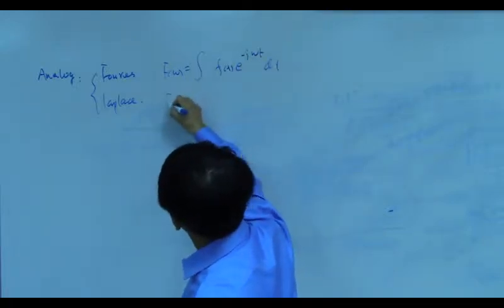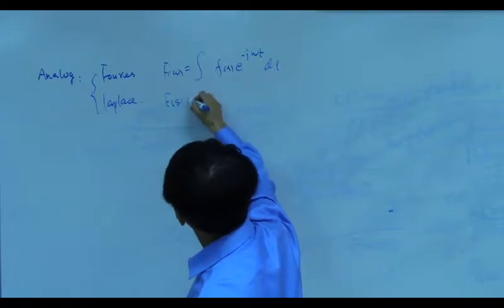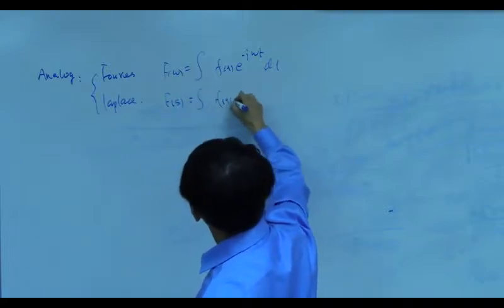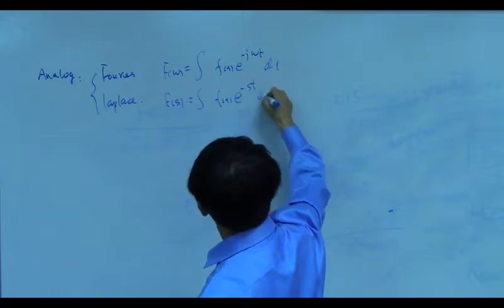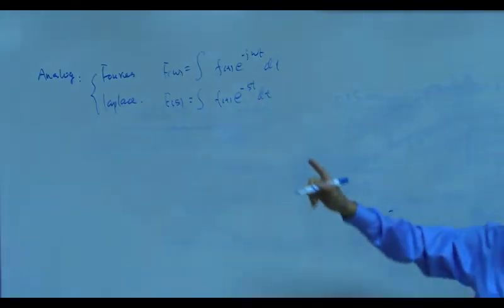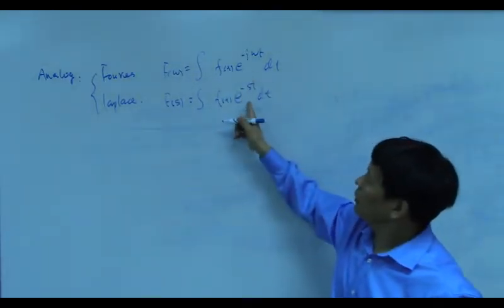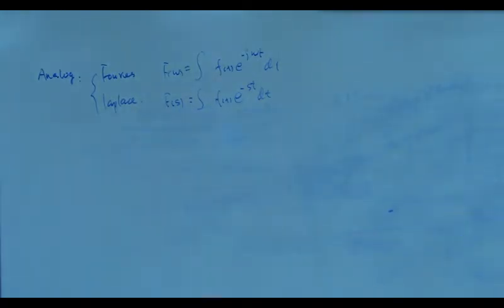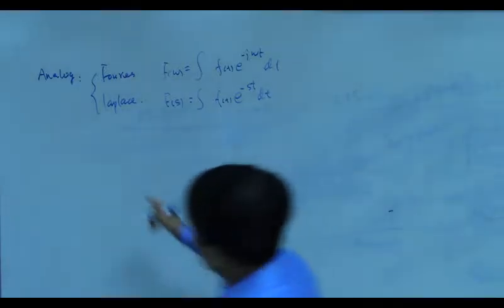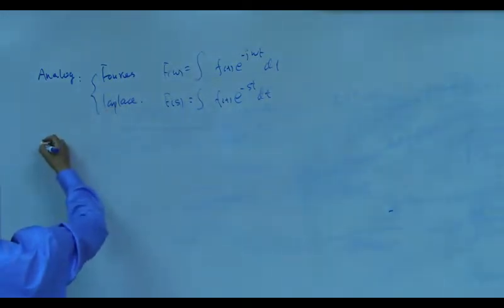What we do here is F(s) equals the integral of f(t) times e to the negative st dt. We just revise this term into a complex s instead of omega. Then we have a Laplace transform, and that was the last two chapters.